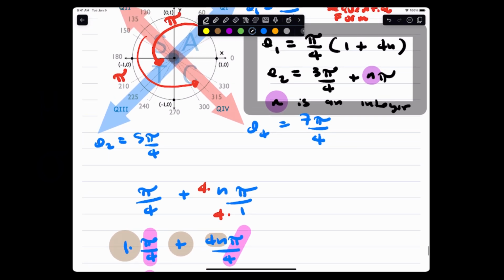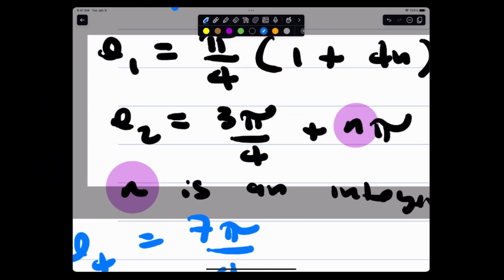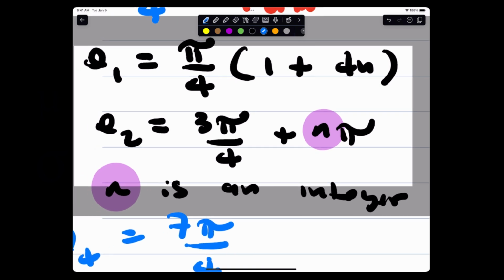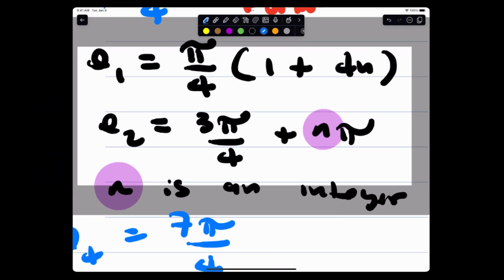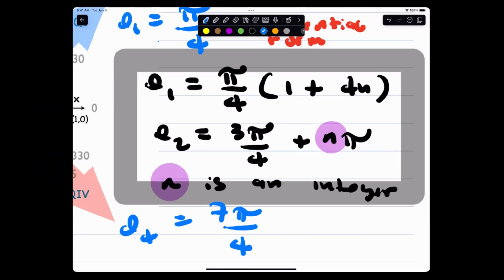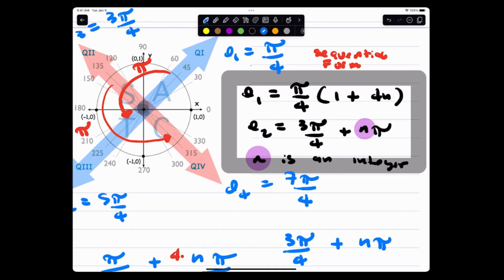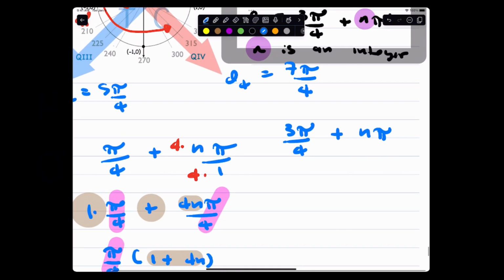So we're going to do the same over here with the 3 pi over 4 plus the n pi. We're going to take this general solution and write it in sequential form. Okay, you okay with that? Okay, so let's do this again. This is going to be over 1.